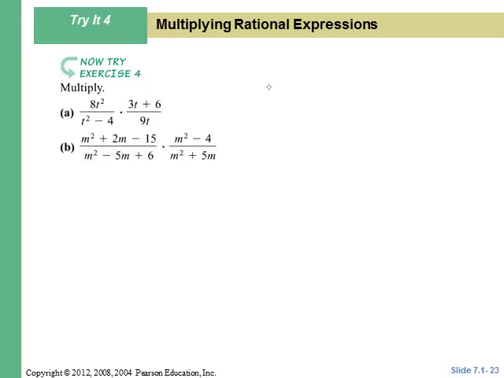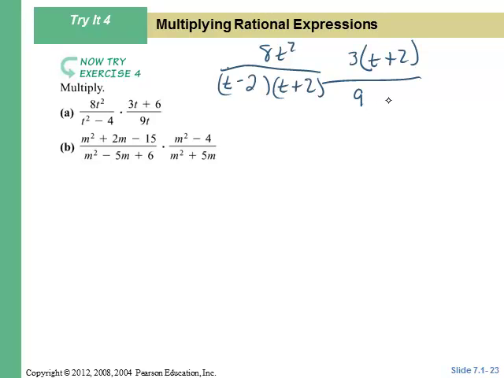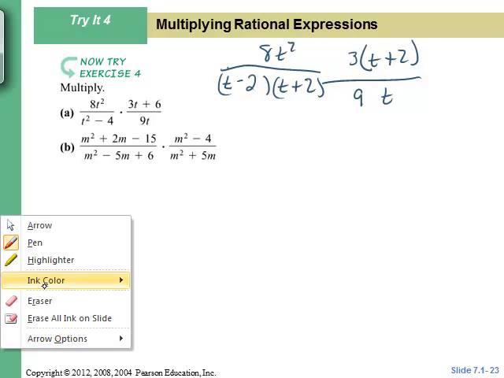Okay, so the first one, the denominator factors into t minus 2, t plus 2, t squared, 3 parentheses t plus 2 over 9t. Okay, some simplifying then.